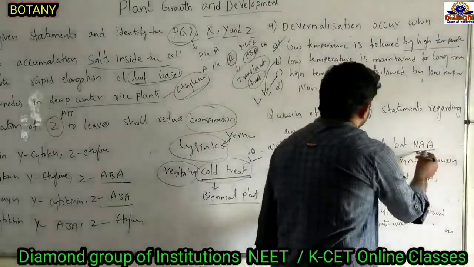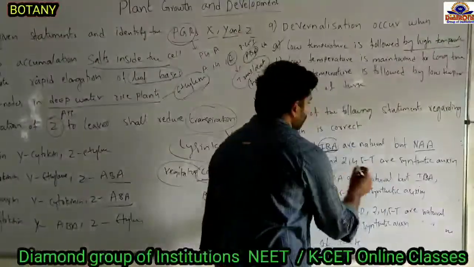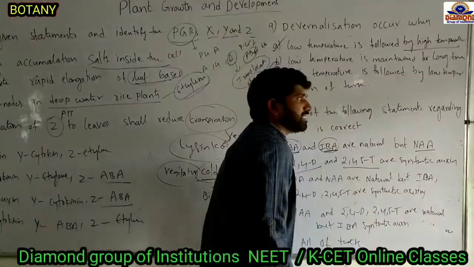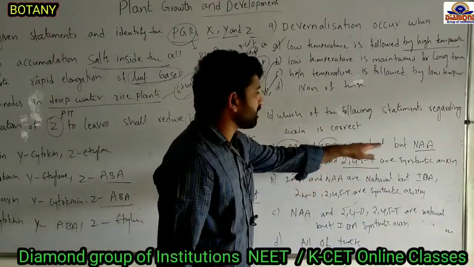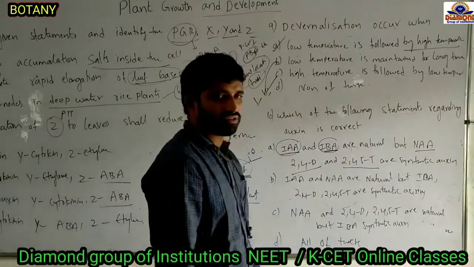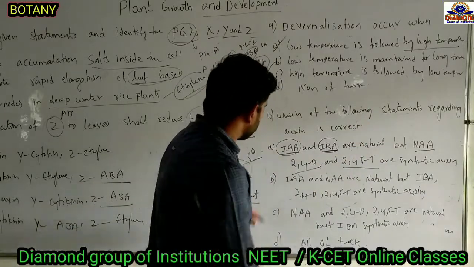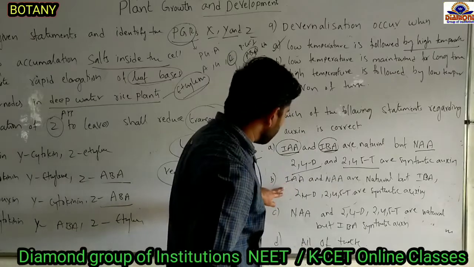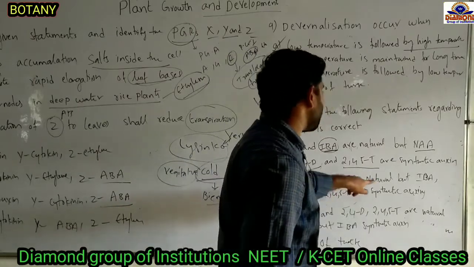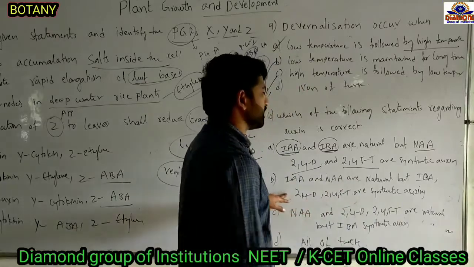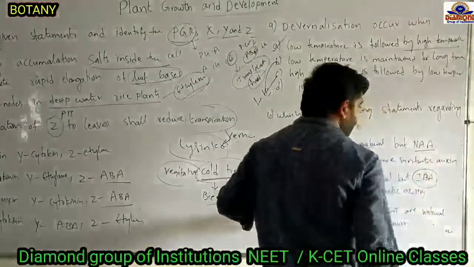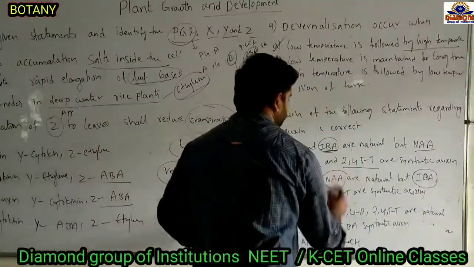And NAA, naphthalene acetic acid, 2,4-D, 2,4,5-T are the synthetic auxins. They are not available in plants naturally. These three we call synthetic or artificial auxins. So the answer may be A. Check B: IAA and NAA are natural and IBA and 2,4-D are synthetic. Here IBA is a natural auxin, NAA is a synthetic auxin.